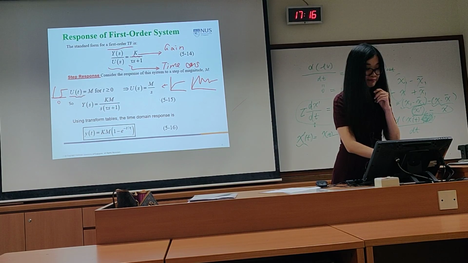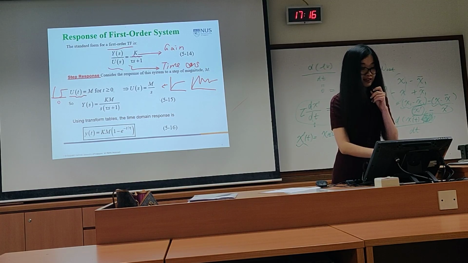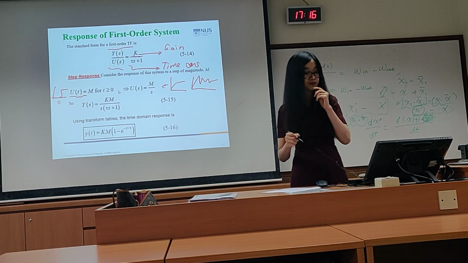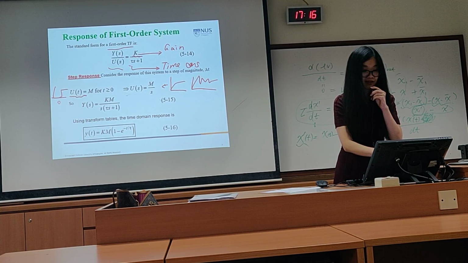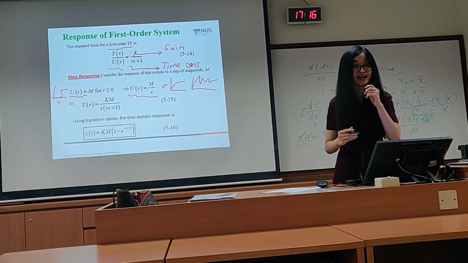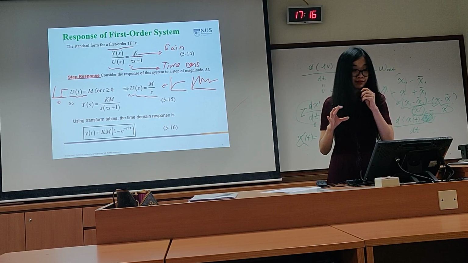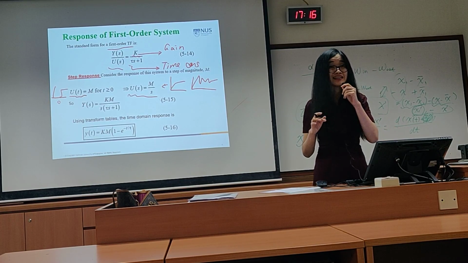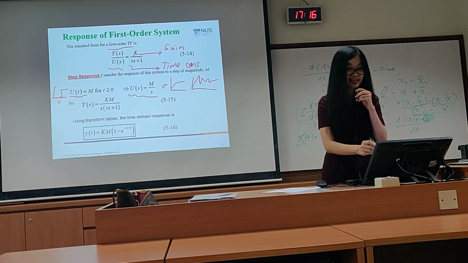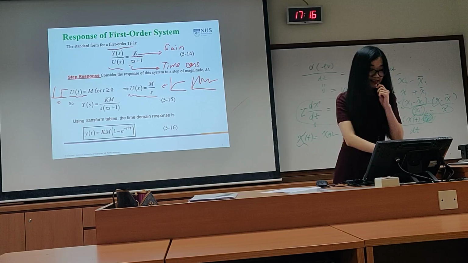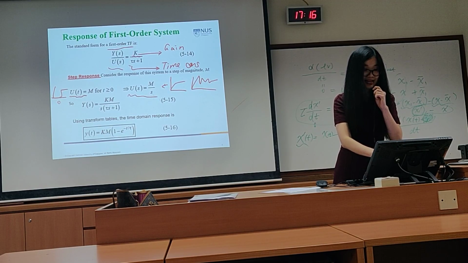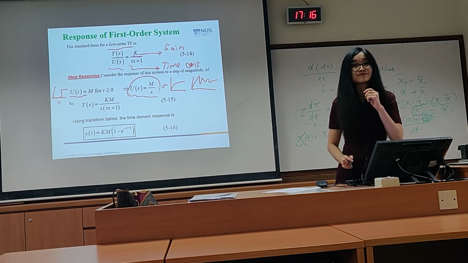We define the step input u(t) equals M for t equal to and larger than 0. And the transform of a constant step goes to the Laplace domain as M over s. So this is our input to the system. And then we can say it's first order output, second order output, and has all these nice features.